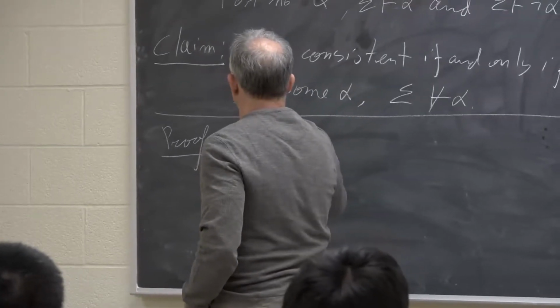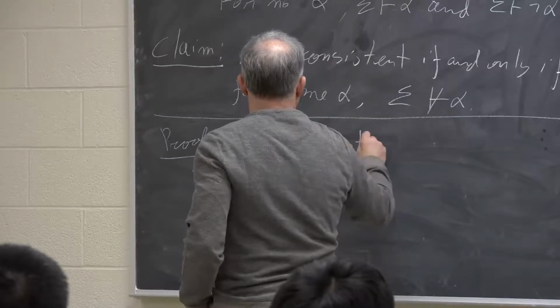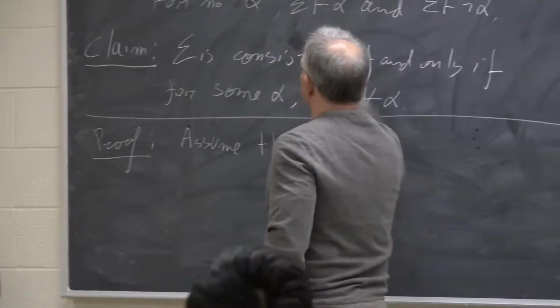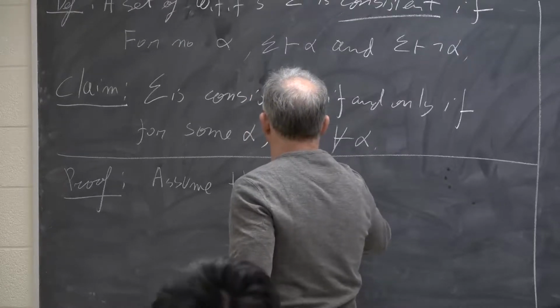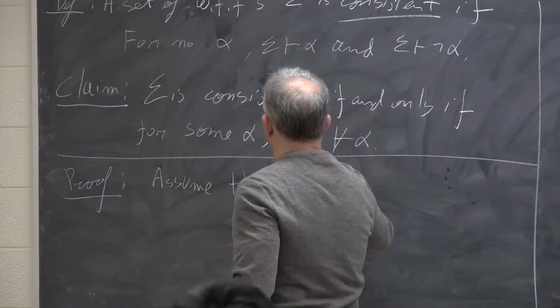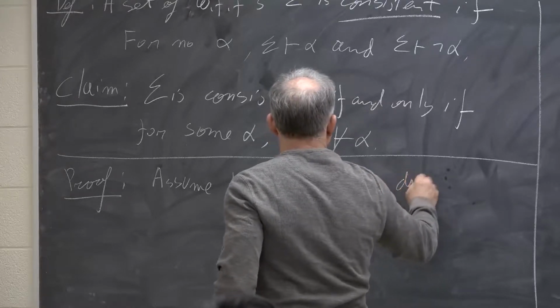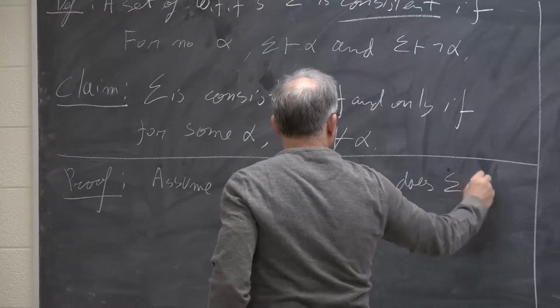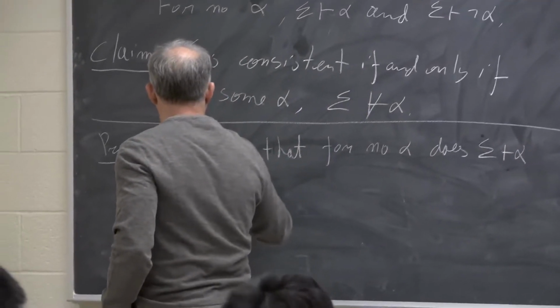Assume that the first definition holds: for no alpha does sigma prove alpha and sigma prove not alpha.